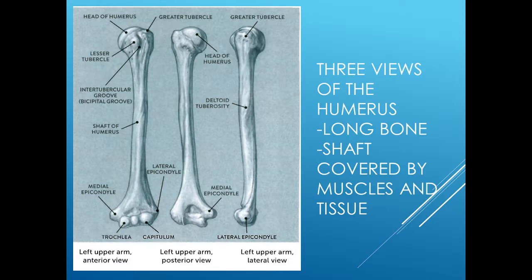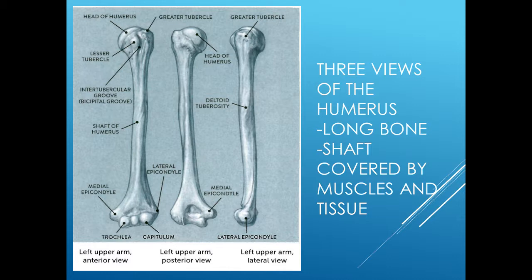All right, so here's what the humerus looks like. Notice there's kind of a ball at the end of it. That's the head of the humerus. And then we have a couple areas, the greater tubercle, the lesser tubercle, intertubercular groove down here. Excuse me, it's the shaft of the humerus. And then as we get down here, the deltoid tuberosity.